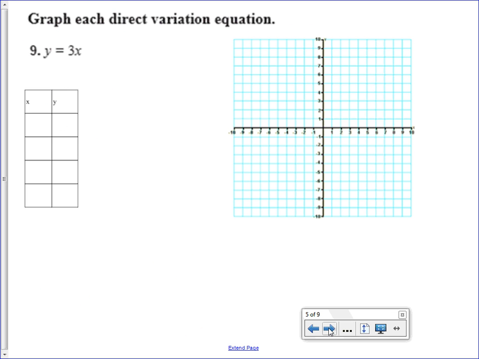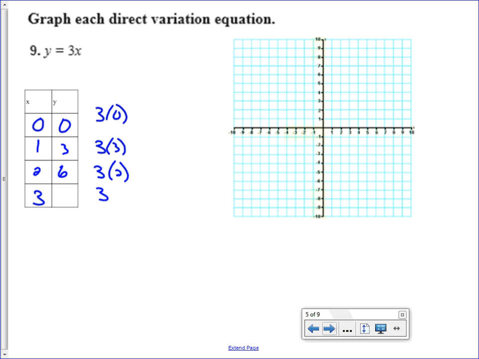Next one, if we want to graph a direct variation, I'm going to show you one way, and then we're going to try and figure out a pattern. So if I plug in a 0, a 1, a 2, and a 3. If I plug in a 0, I get out a 0, because 3 times 0 is 0. If I put in a 1, I'd get out a 3. If I put in a 2, I'd get out a 6.